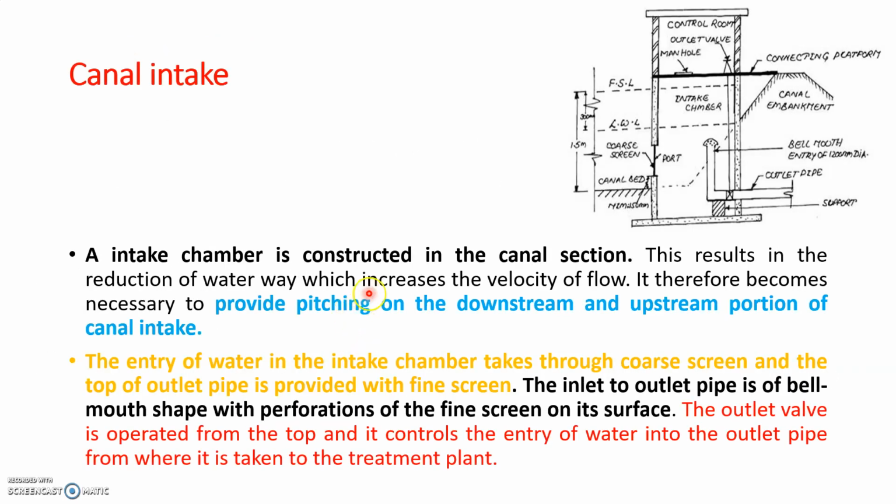Okay, so what we are seeing here is that there are majorly 4 types: a reservoir intake, a lake intake, a river intake, and a canal intake. So intakes are nothing but those structures which allow the water to flow through them, and you pump the water from those intake structures in a safe manner itself.